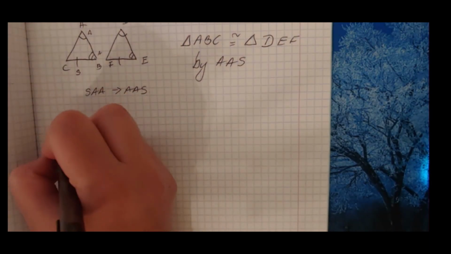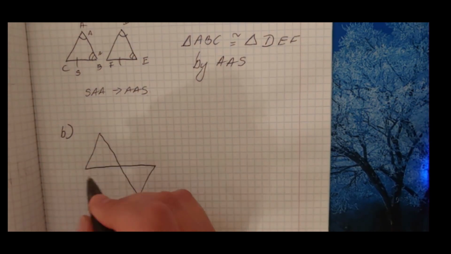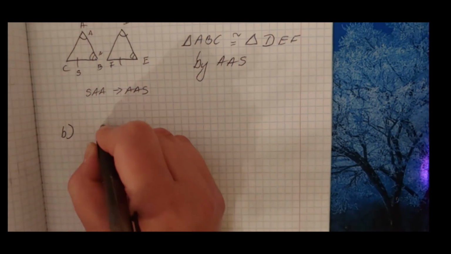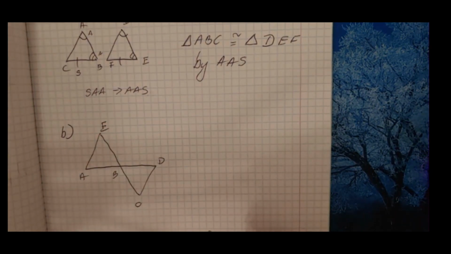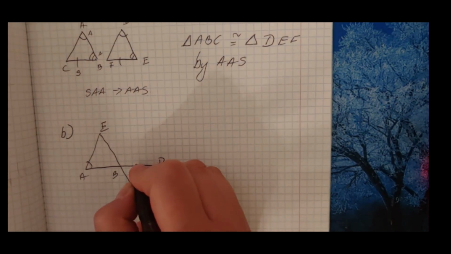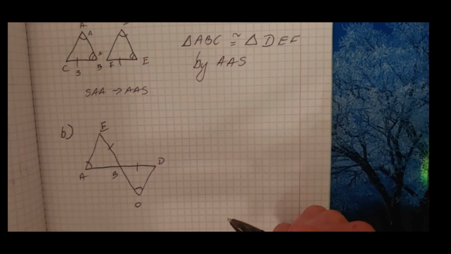What else you might see? Well, the one that I always put, A, B, C, D, E. They might give you angle and side. What's wrong with it? I only have one angle and one side, which is not enough.